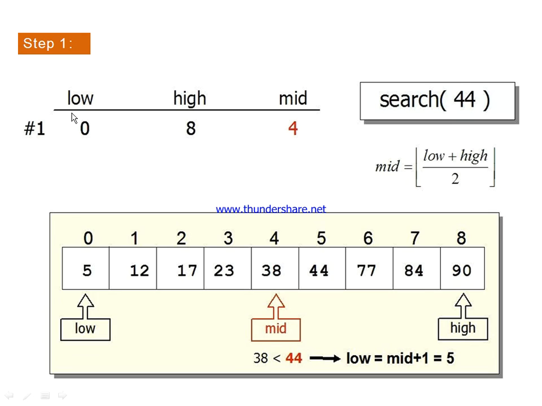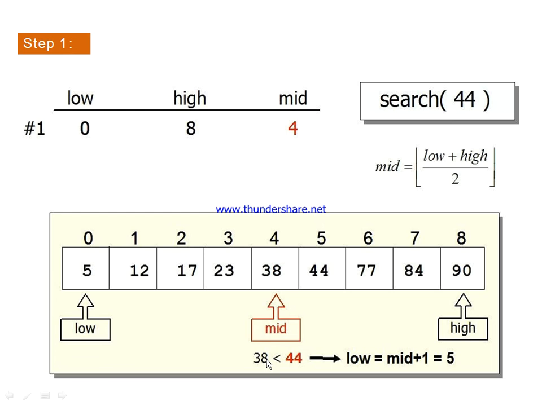So low is 0, high is 8. 0 plus 8 by 2, middle is 4. I am searching for 44 in this list. Here 5 is the low element, 90 is the high element, and the middle element is 38. First you have to compare whether 44 is equal to the middle or not.